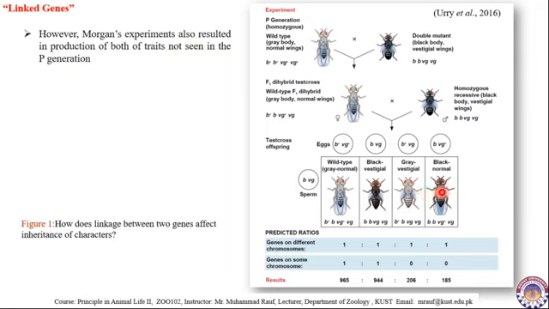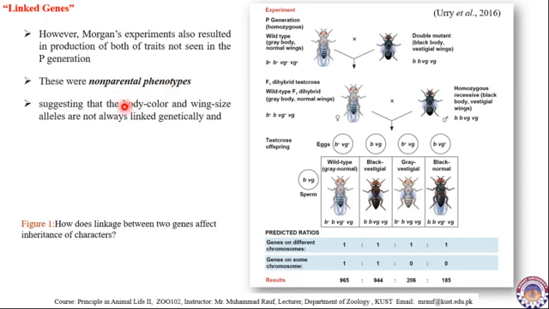These are new allele combinations or recombinants which are different from either parent. So these were non-parental phenotypes, suggesting that the body color and wing size alleles are not always linked genetically, and genetic recombination was observed.